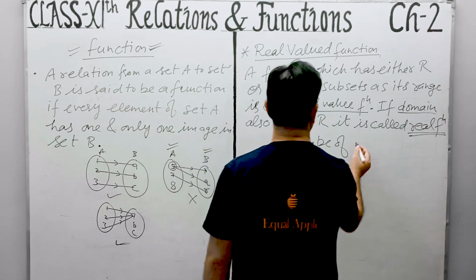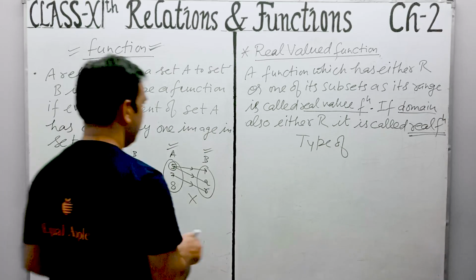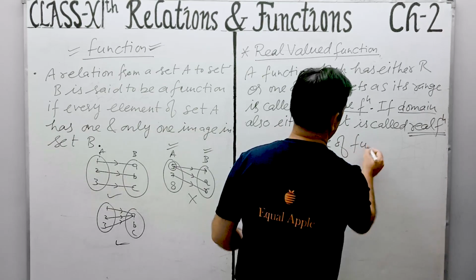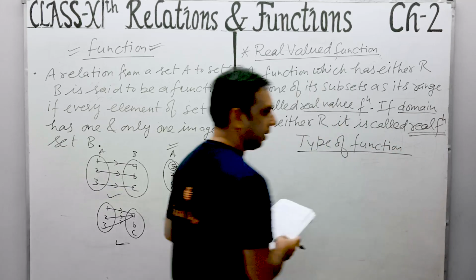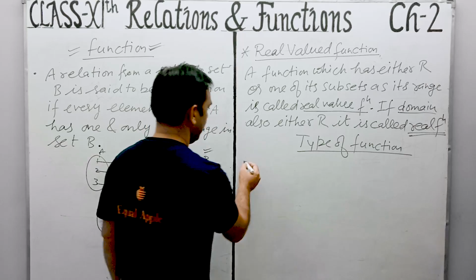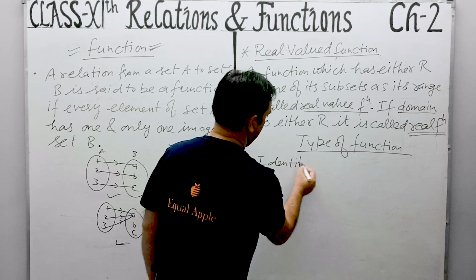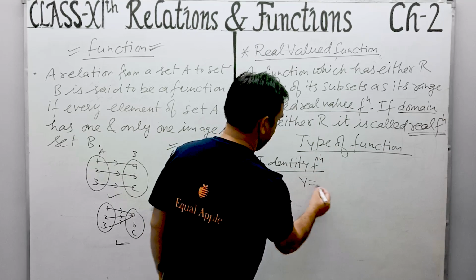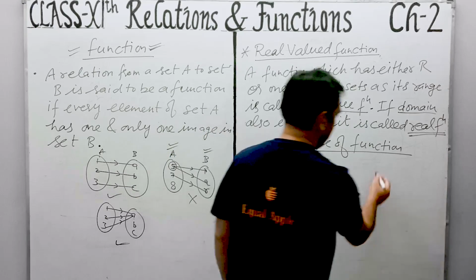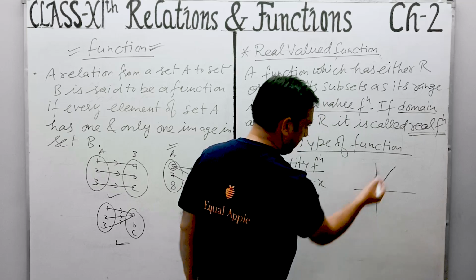Types of function. So in types of function, the first type of function is the identity function. The identity function is like y equal to x. The graph of this function is a straight line.